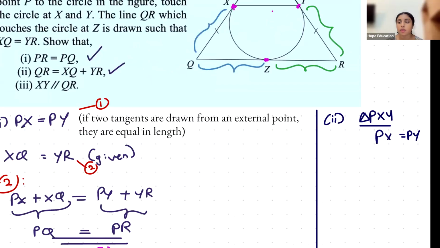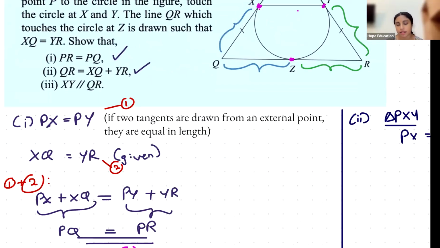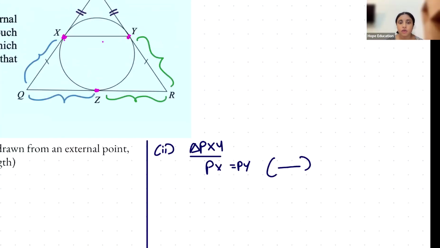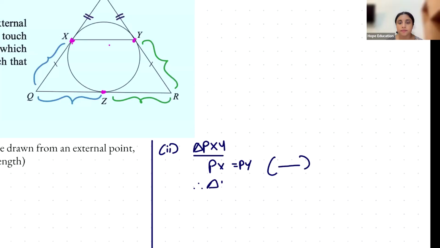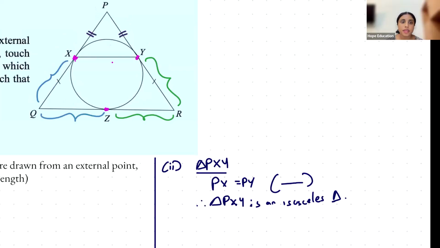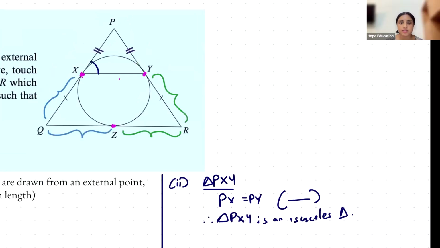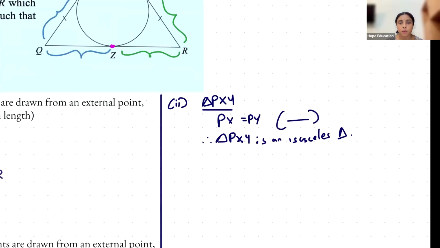Since we showed that here, you can write proven above. Therefore, triangle PXY is an isosceles triangle. Therefore, angle PXY equals PYX. Our reason is base angles of an isosceles triangle.